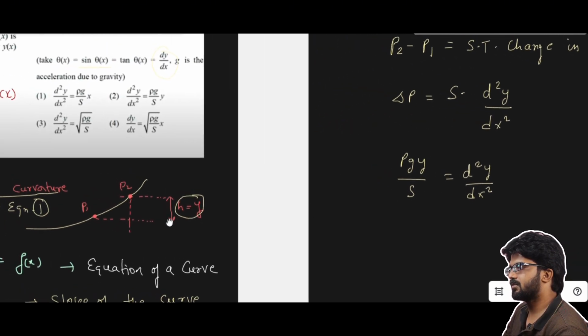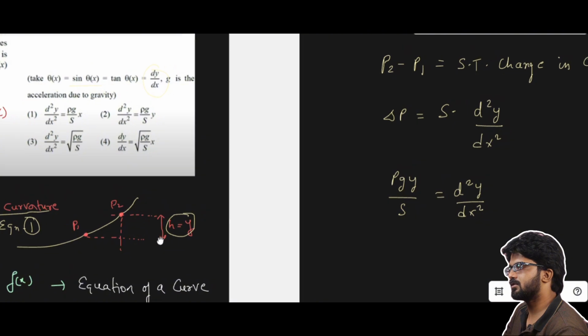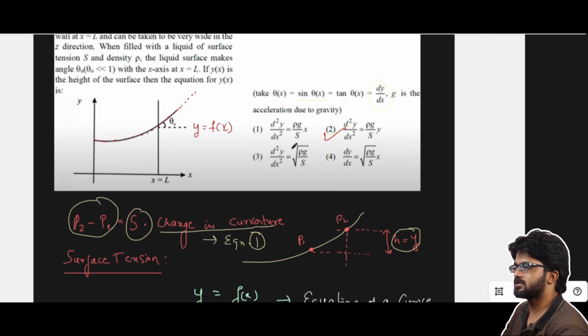So this can be seen in the equation that rho g y by S is equal to d square y by dx square. So you can directly say that option number 2 is the correct answer. This gives us the understanding of how curvature of the system and surface tension are related to the change in pressure, and this question is solved very easily with the understanding of curvature.